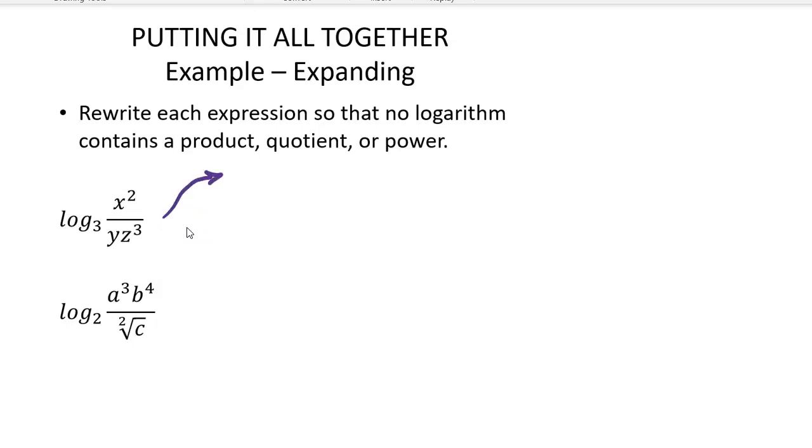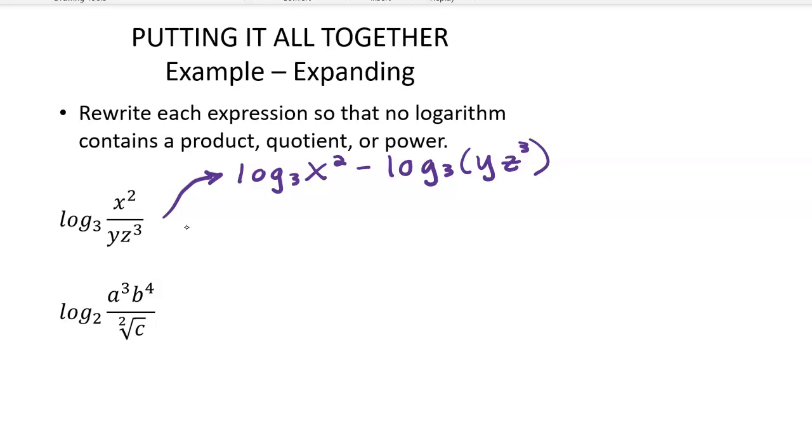So it'll be logarithm base 3 of x squared minus logarithm base 3 of yz to the third. Whenever I have more than one thing inside the logarithm, I use parentheses, and I'd suggest you do that as well. That makes it easier to keep up with things.